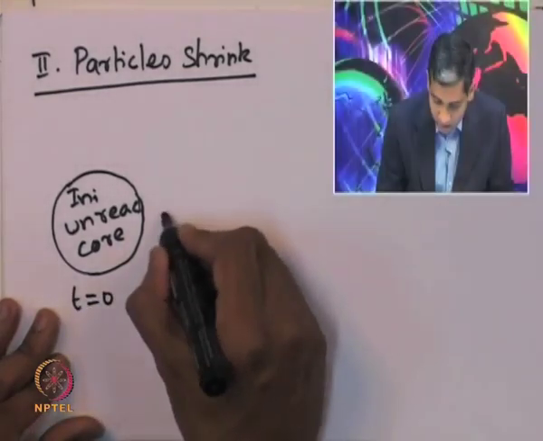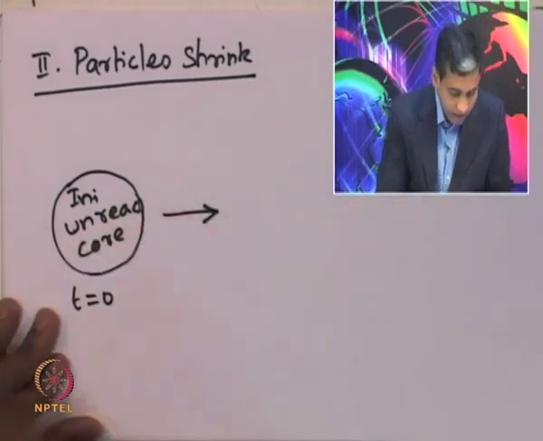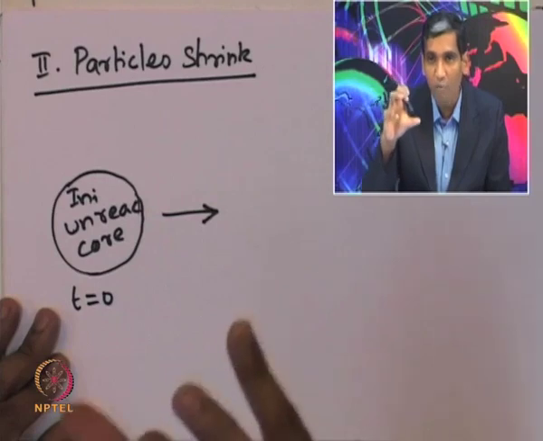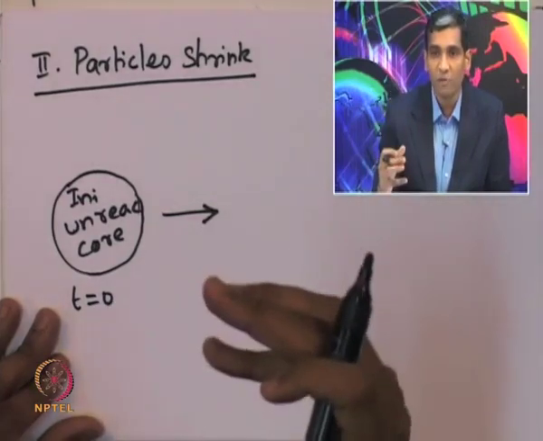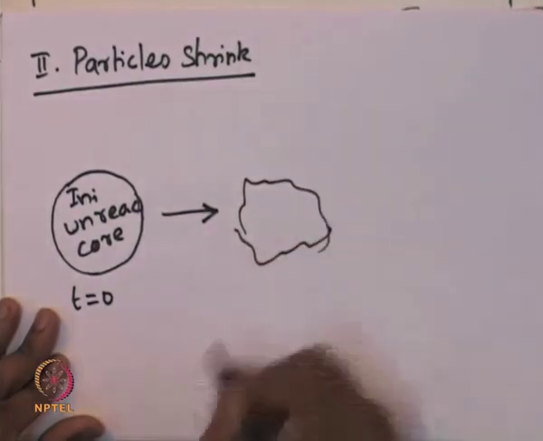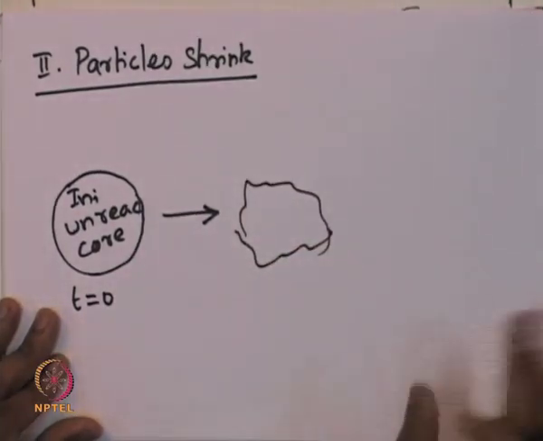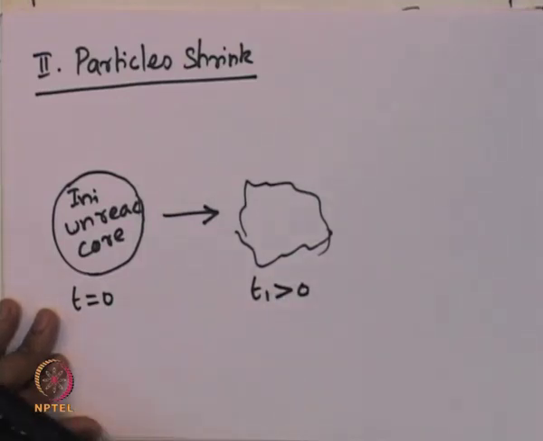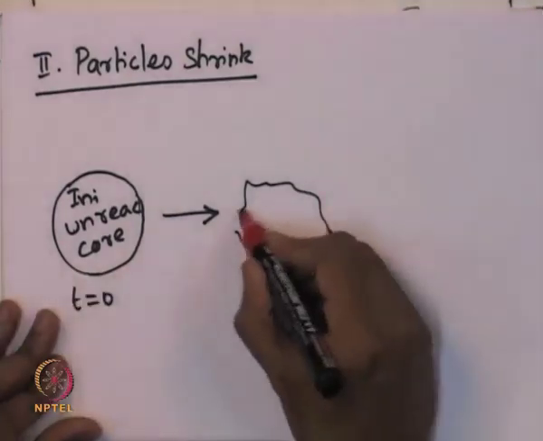As time proceeds, the size of the particle changes, because the solid is now being used, converted into products and consumed. So, there is a reduction in the size of the particle, at let us say time t 1 greater than 0, and there is still unreacted core present inside.